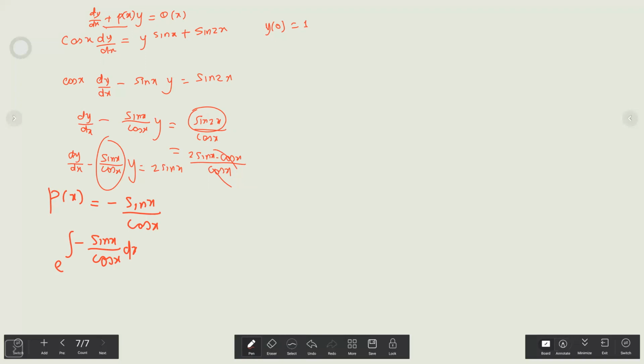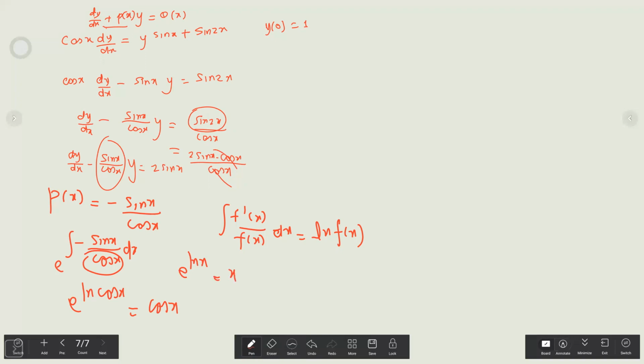So since we know the integration of f dash x over f of x is ln f x, this is f of x, and its exact derivative is in the numerator. If you integrate this, it will become e raised to ln of cos x. And you know e raised to ln of cos x is nothing but cos x, due to the property: e to the power ln x is x. So far we have got cos x as the integrating factor.